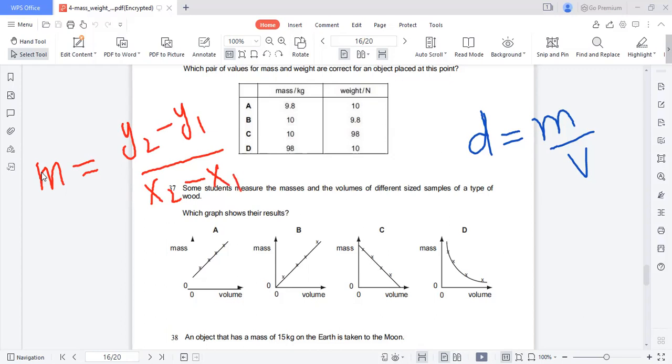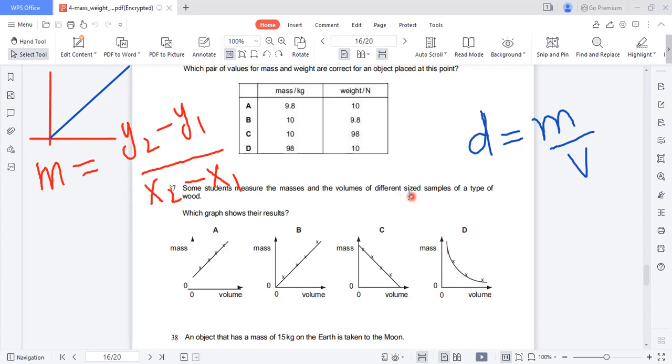And we have a hint for ourselves: when the gradient is constant, it would be a straight line graph. A straight line graph means the gradient is constant. So now look at the statement.